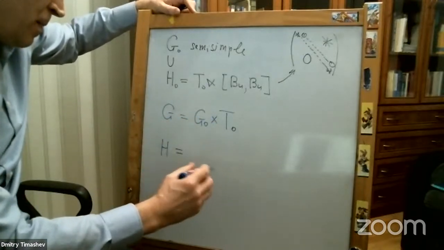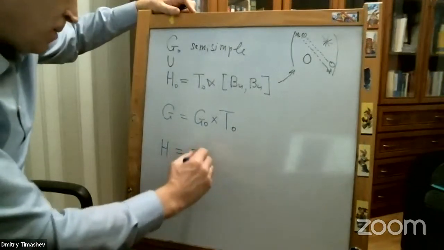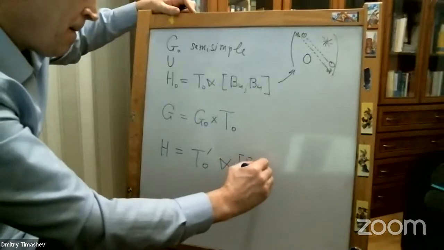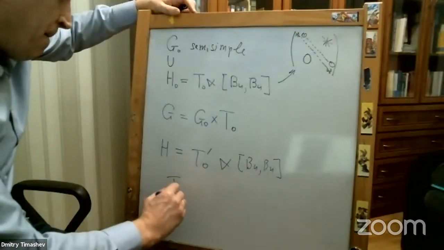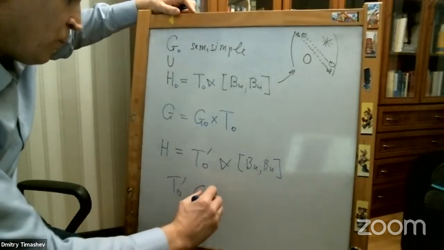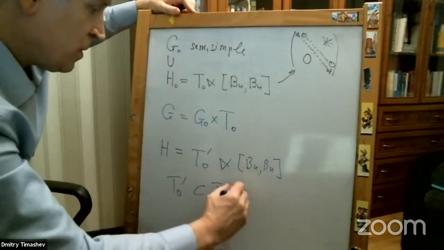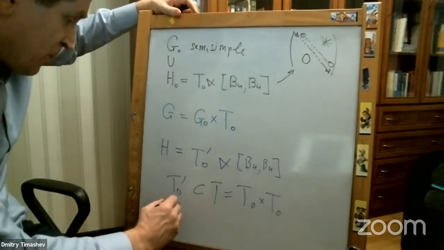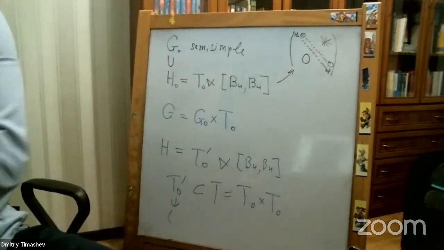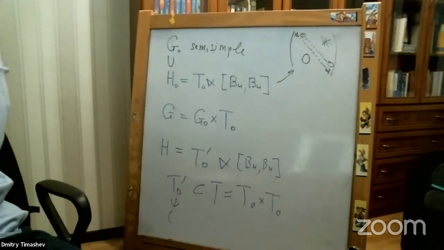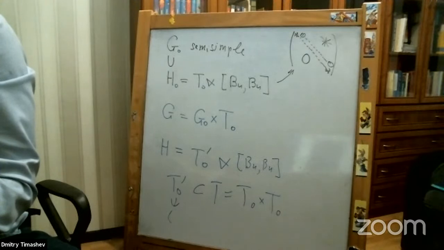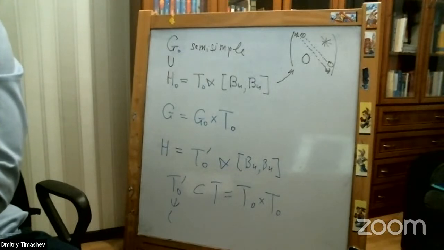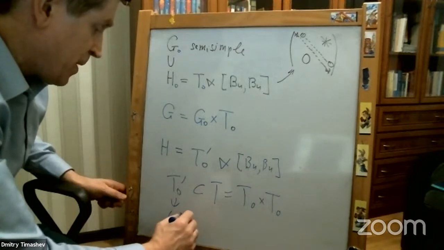It is embedded as T naught prime, semi-direct with the same guy, where T naught prime is a subgroup in the maximal torus T of G, which is the double of T naught, consisting of the elements of the form (t squared, t).